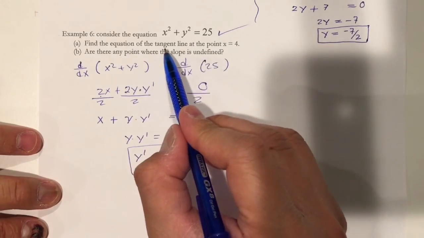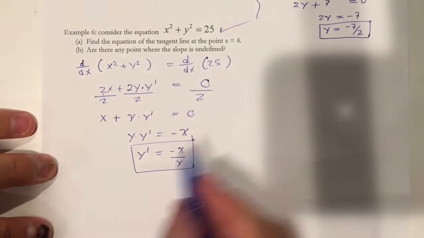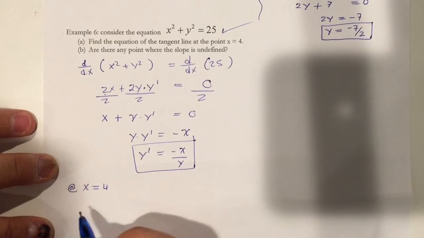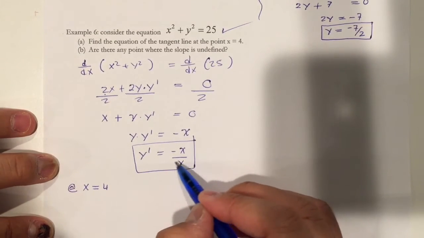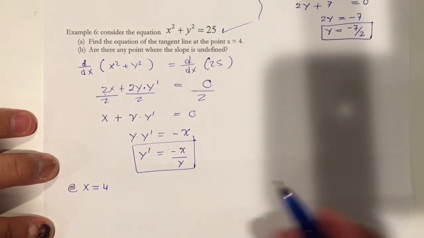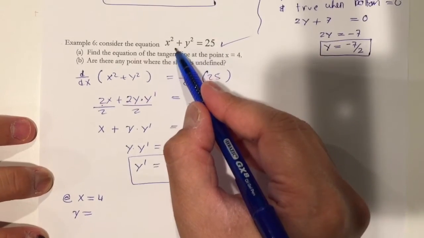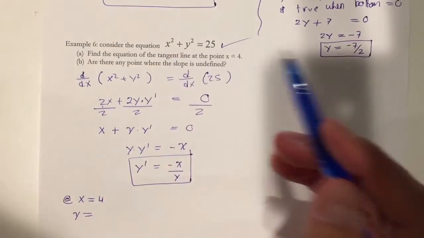Find the equation of the tangent line at the point x equals 4. So at x equals 4, in order for us to find the slope, we need the y value as well. So when x equals 4, we plug that in here and find the y value.